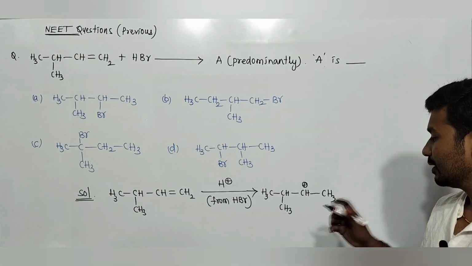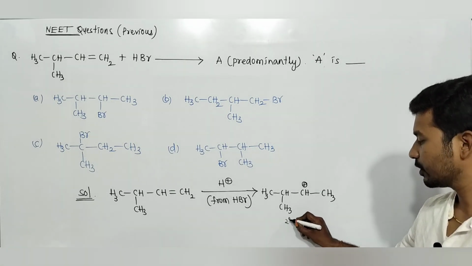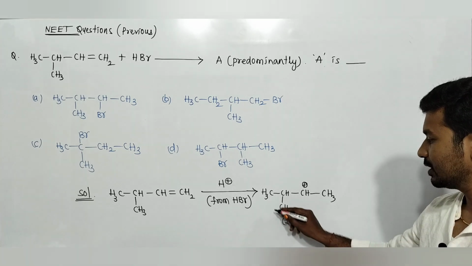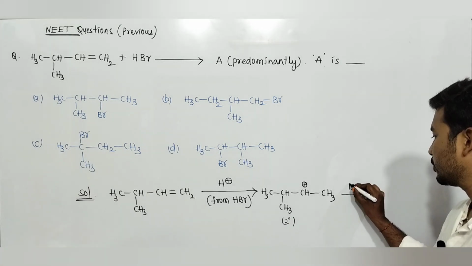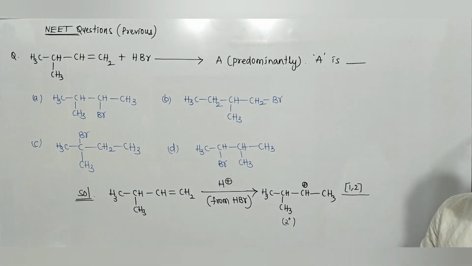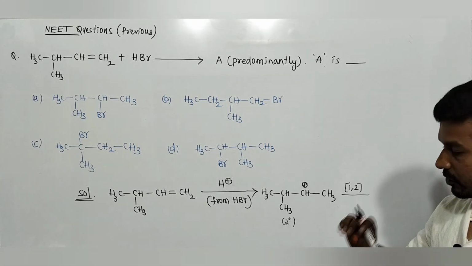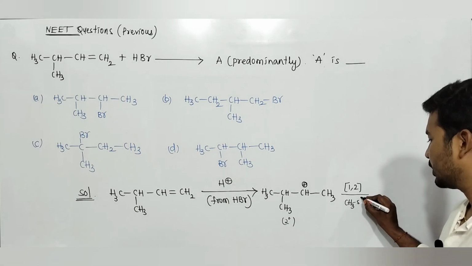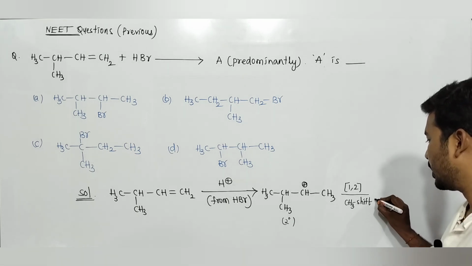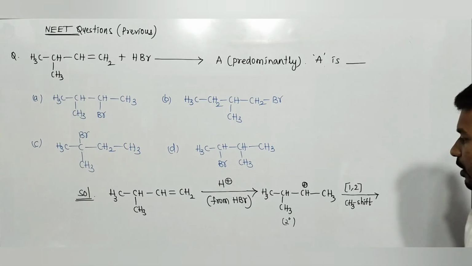Okay, here this is a secondary carbon. So here a methyl group shift takes place, from the first position to the second position, methyl shift. What is this? I have explained it in rearrangement of carbocation.